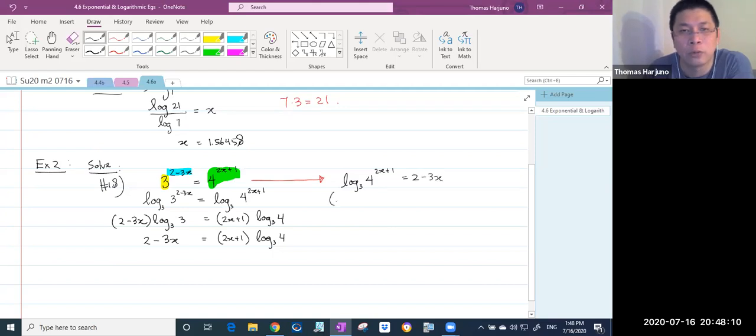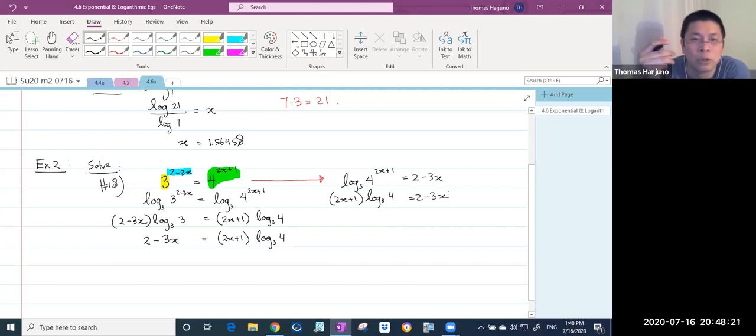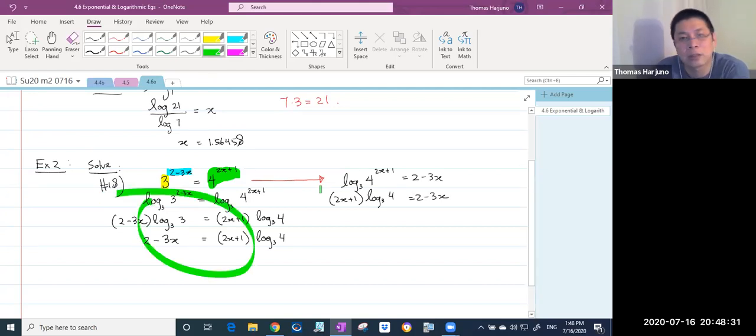And I move the 2x plus 1 to the front. That's what we get, right? So it is actually the same as the other method that we did earlier, but that method is faster.